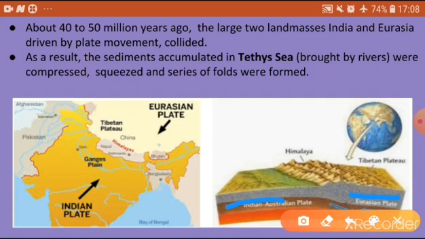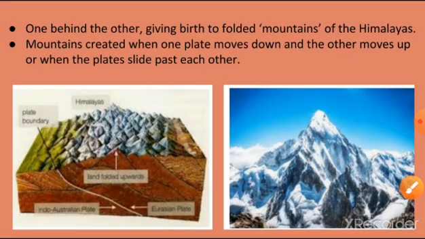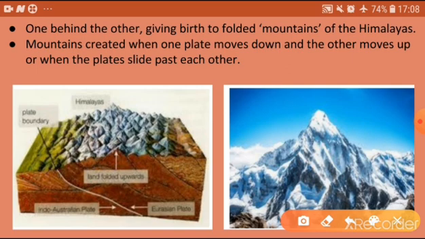If you hold a sponge and if you squeeze, that is squeezing. Due to that, what happened? Series of folds were formed, one behind the other, giving birth to folded mountains of the Himalayas. So due to that plate movement collided, the folding mountains Himalayas formed.